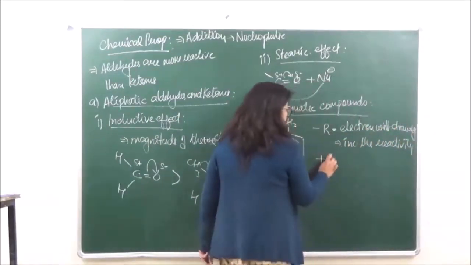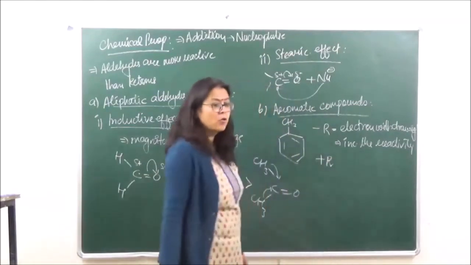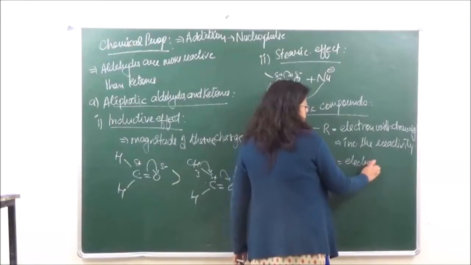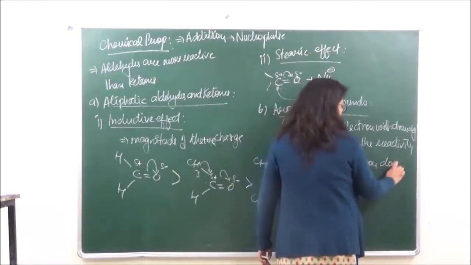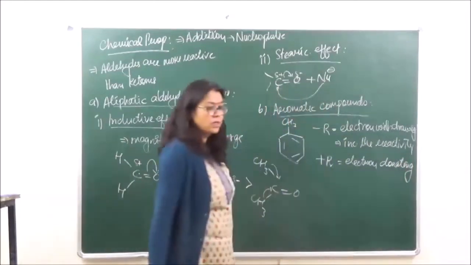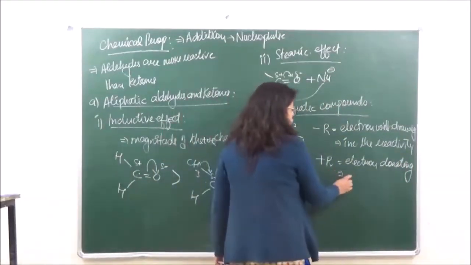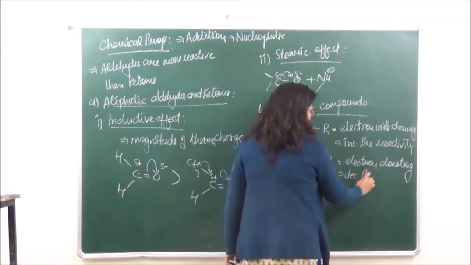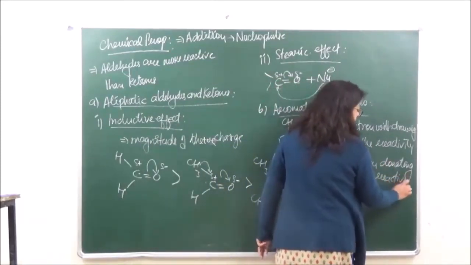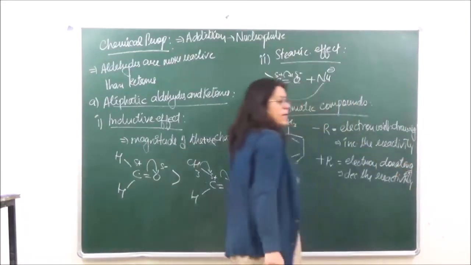And if a plus R group is present, plus R groups are electron donating groups. These are going to decrease the reactivity.